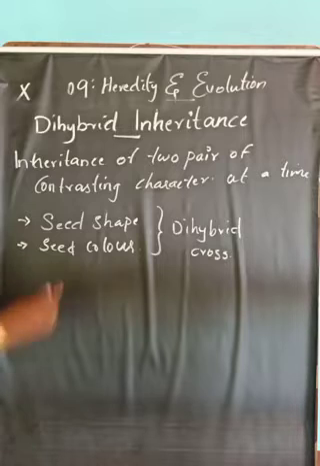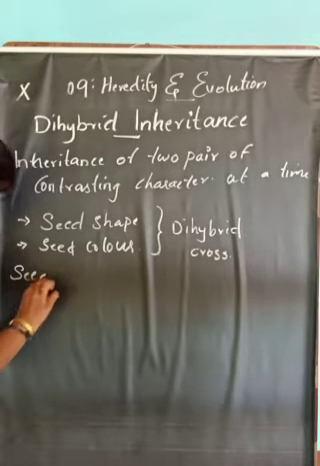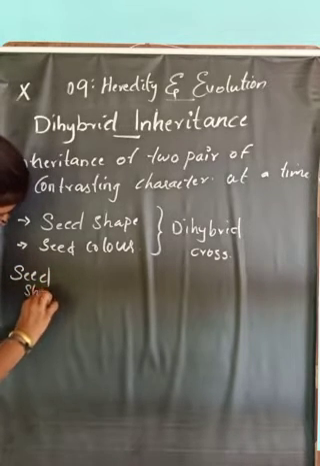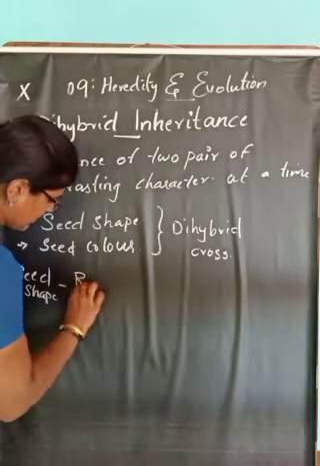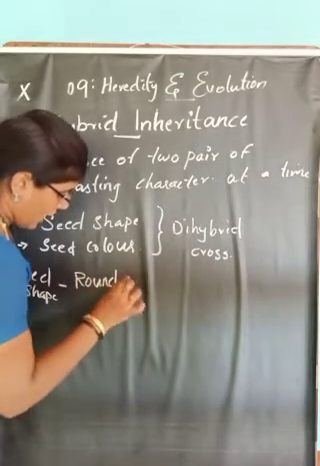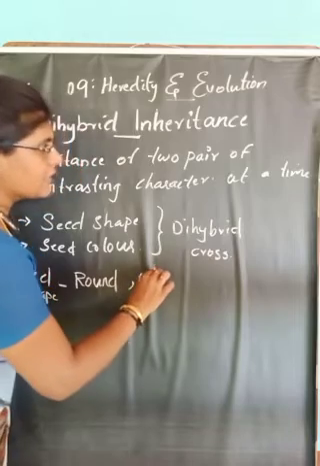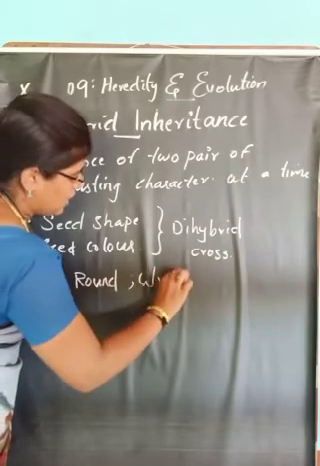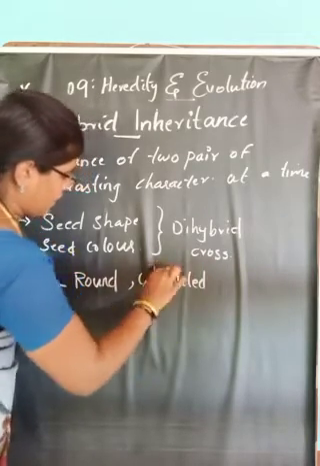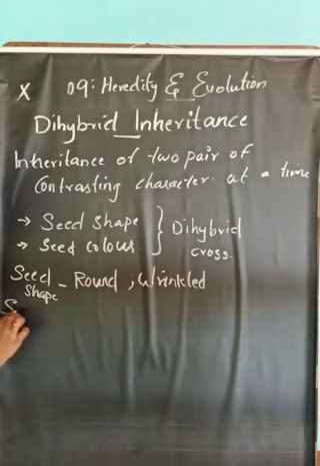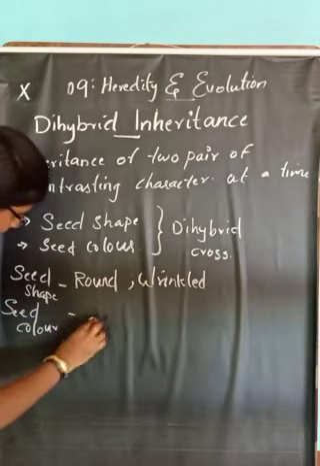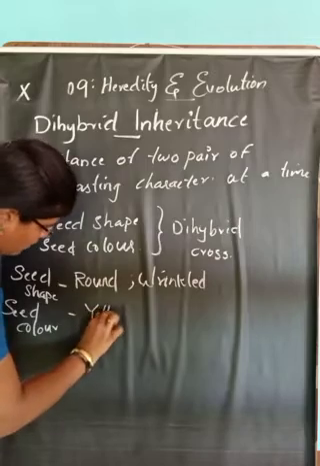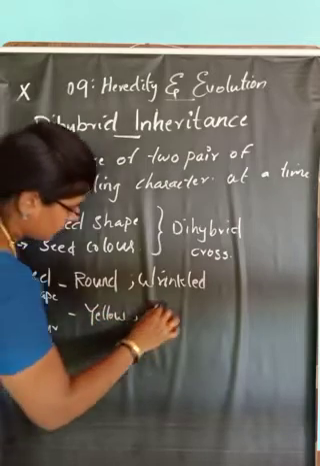Seed shape, we know, has two traits: round and wrinkled. In case of seed color, it is yellow and green.